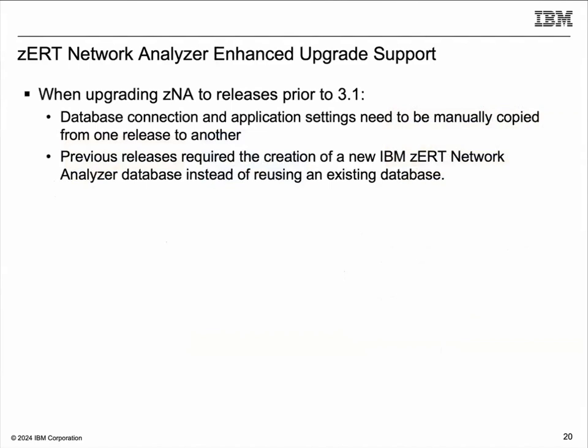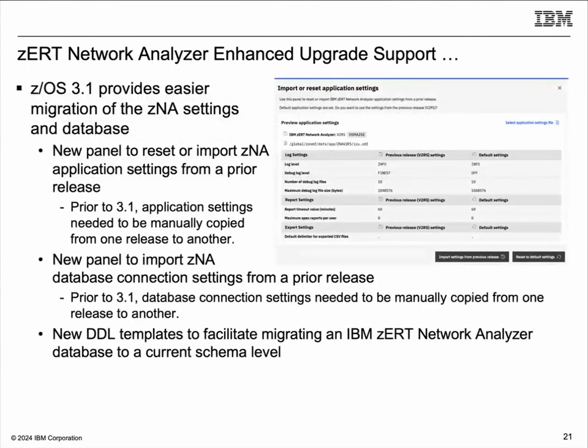What's the issue here? Well, we've been told by our customers that when upgrading ZNA to a new release, there's a little bit too much manual effort involved. There's database connection settings, there's application settings, and those have to be manually copied from one release to the other. And you have to create a new zERT Analyzer database. You can't reuse the existing one. So what we did in 3.1 is to try to make those jobs a little bit easier.